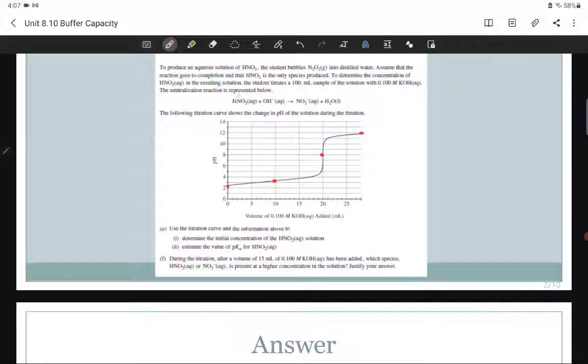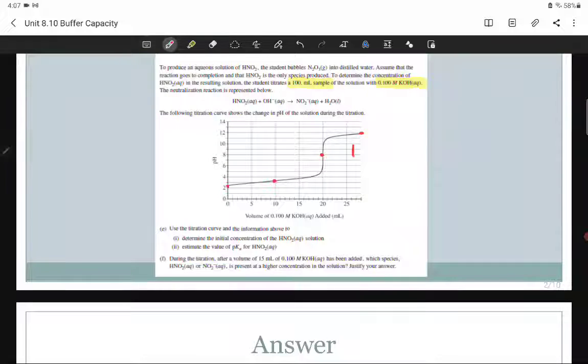Let me erase these so we can also talk about what's in here. We have a 100 milliliter sample. We have a 0.1 molar KOH solution. It says determine the initial concentration. So I think this looks to be some factor label. It's all 1 to 1 to 1 here.